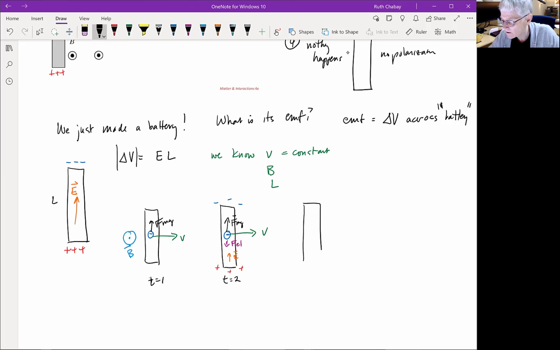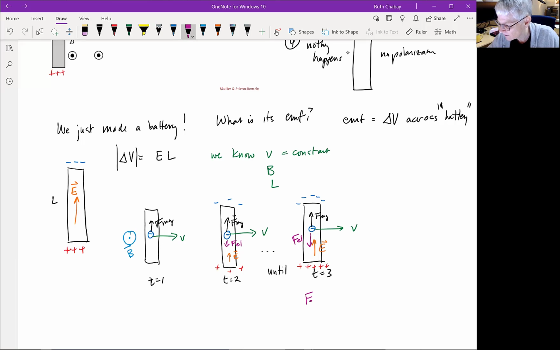Well, you can see what's going to happen. This keeps going until at some later time, we have enough charge built up on this bar that now there's a big enough electric field inside the bar that the magnetic force on the electron is balanced completely, exactly equal and opposite to the electric force.